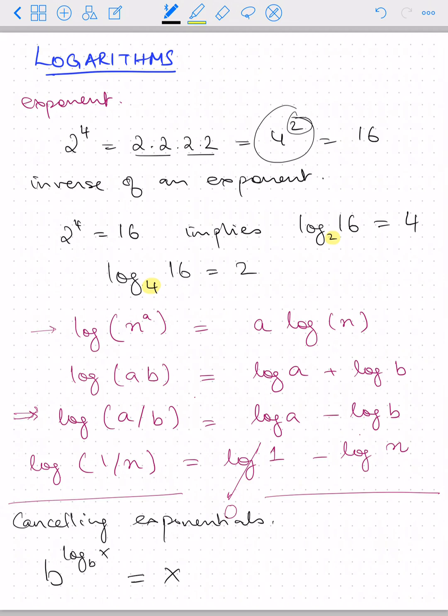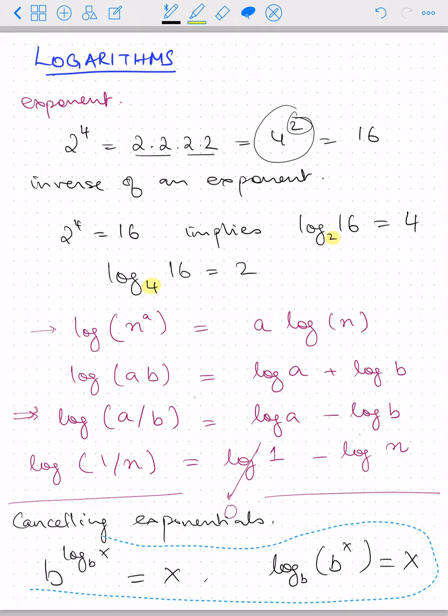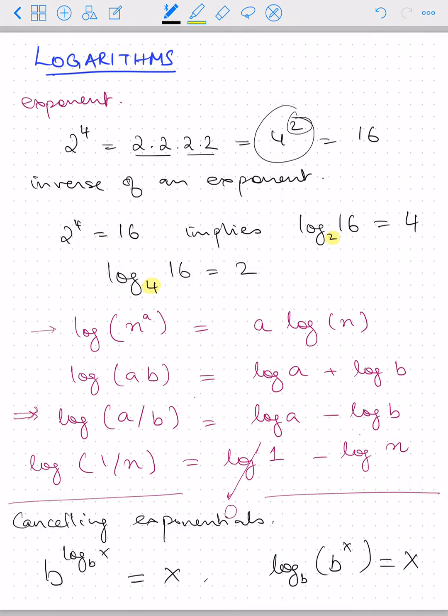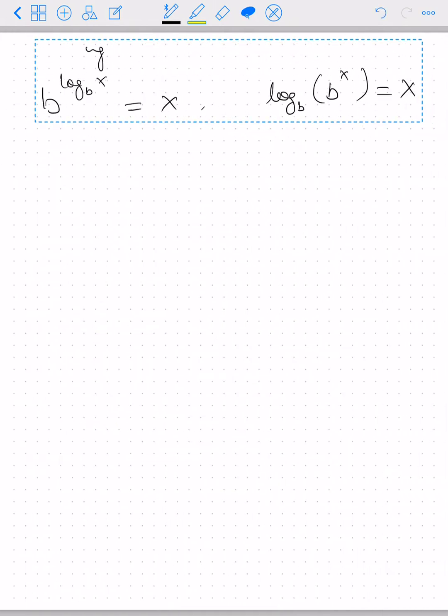The alternate way of looking at this is that log base b of b to the power of x is equal to x. So let's think of how we can prove these. These are fairly obvious once you understand this, but let's do this properly and see where they are coming from.